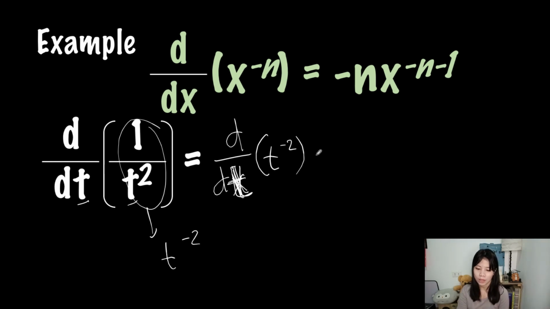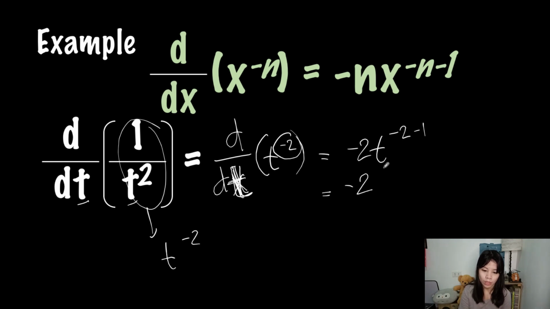Okay? With respect to t, dapat siya. So, the answer will be, baba mo si negative 2, copy mo si t, raise mo siya kay negative 2 minus 1. This will be equal to negative 2t raised to negative 3, and the answer will be negative 2 over t cubed. Okay.